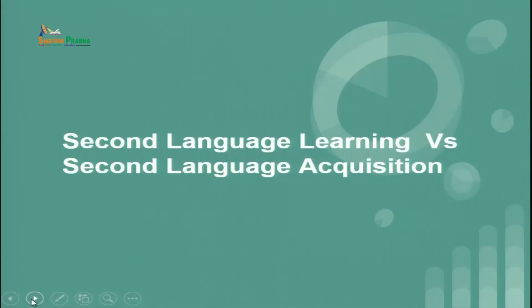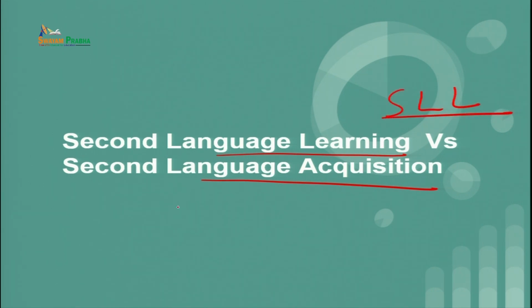So, Krashen, who is one of the important linguists in this area, has tried to distinguish two important concepts, and he has said that there is a sharp differentiation between language learning and language acquisition, and he has referred to SLL as second language learning and SLA as second language acquisition.